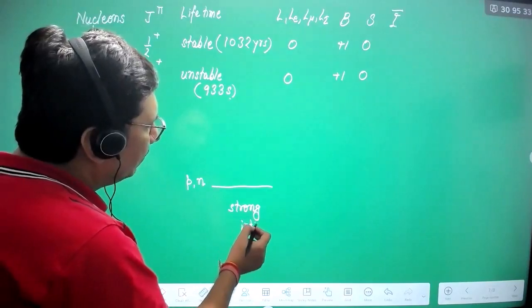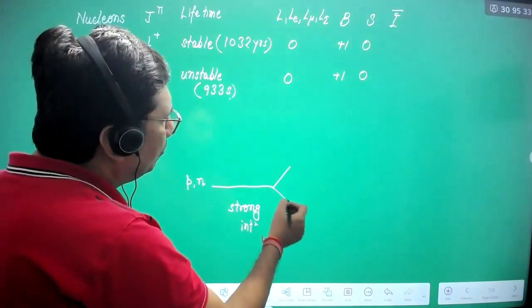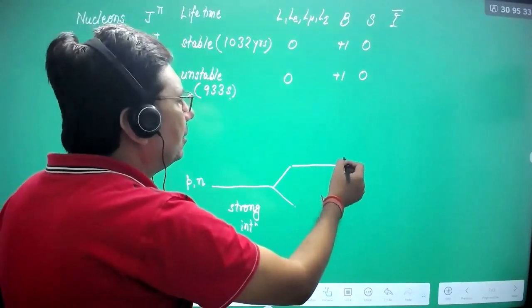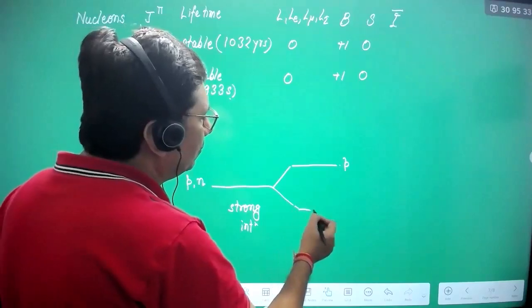They represent a single state in strong interaction. But as you place them in electromagnetic interaction, they will split into two, one for proton and one for neutron.